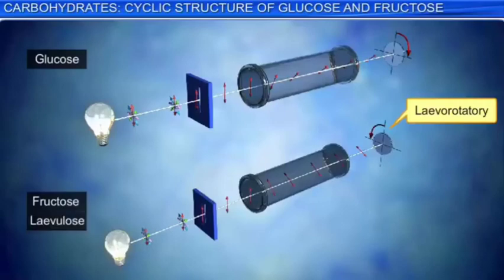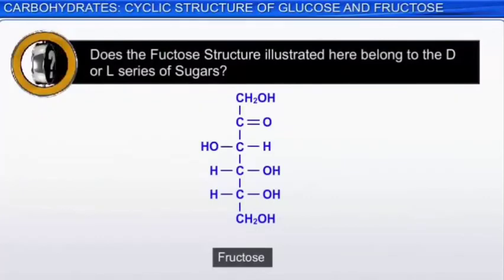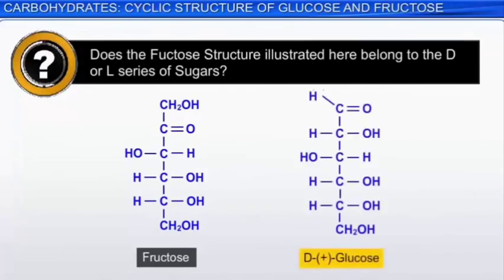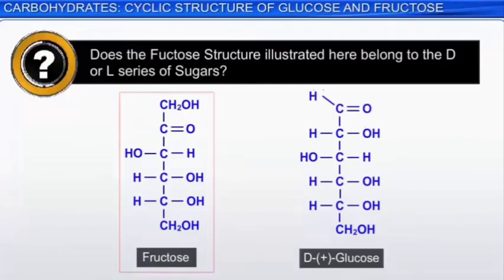Does the fructose structure illustrated here belong to the D or L series of sugars? As fructose can be chemically correlated to dextrorotatory glucose with D configuration, it also belongs to the D series. Hence, fructose is levorotatory with D configuration.